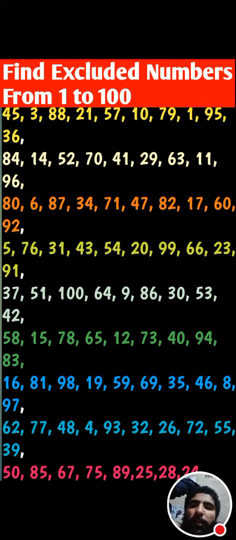When I reach the 11th row, the number after 58, that means the second number of the 11th row, is 15. So we have found it. So we have to find the number 16.